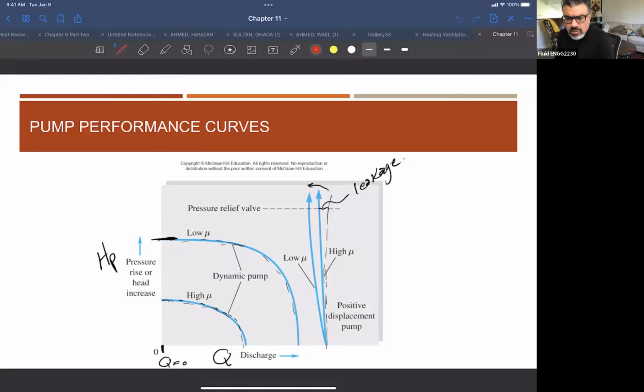And I think we had some discussion with some of your friends after the lecture about how the pressure is built up by the resistance of the fluids. I think this is a very important concept to understand: the pump is a device to push fluids, right?